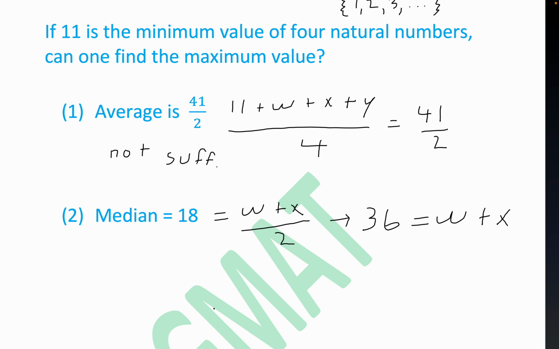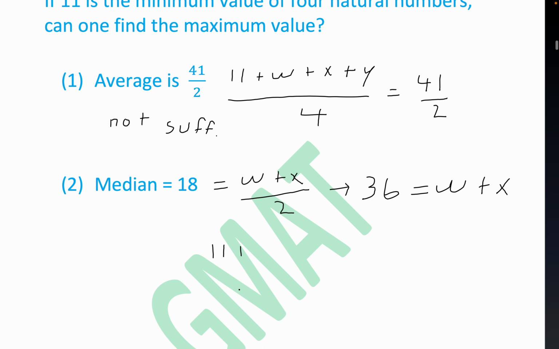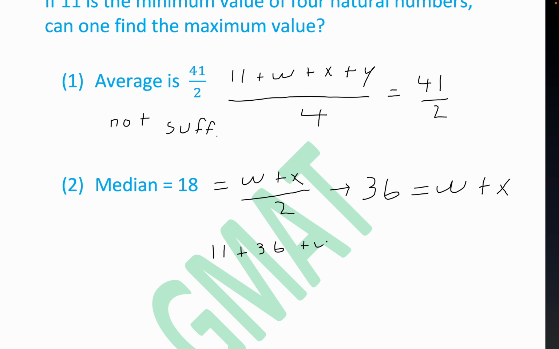What we would get is 11 plus 36 plus Y, over 4, still equals 41 over 2, right?